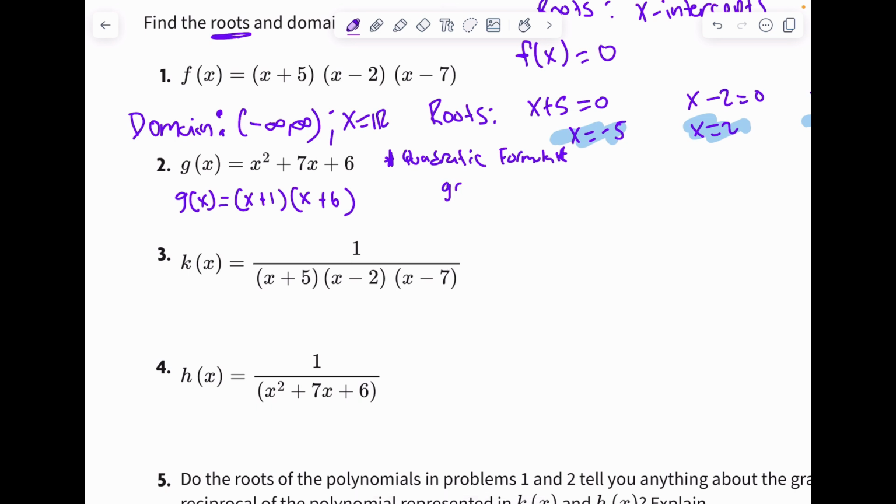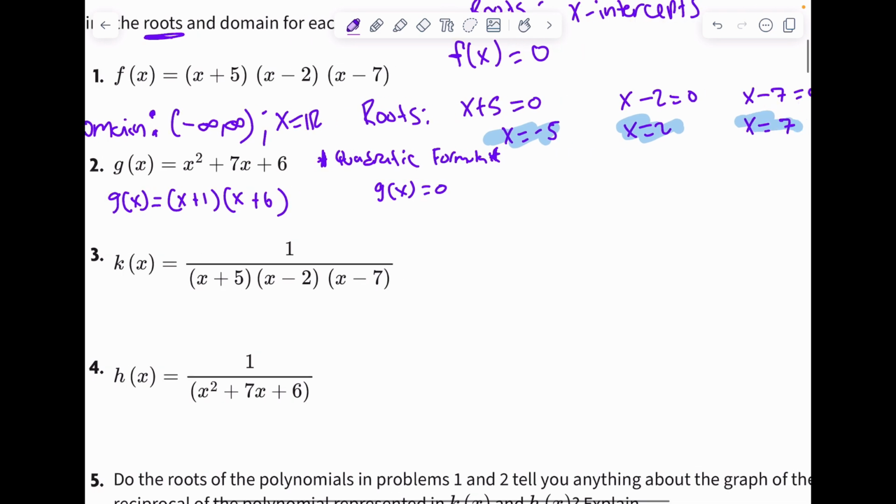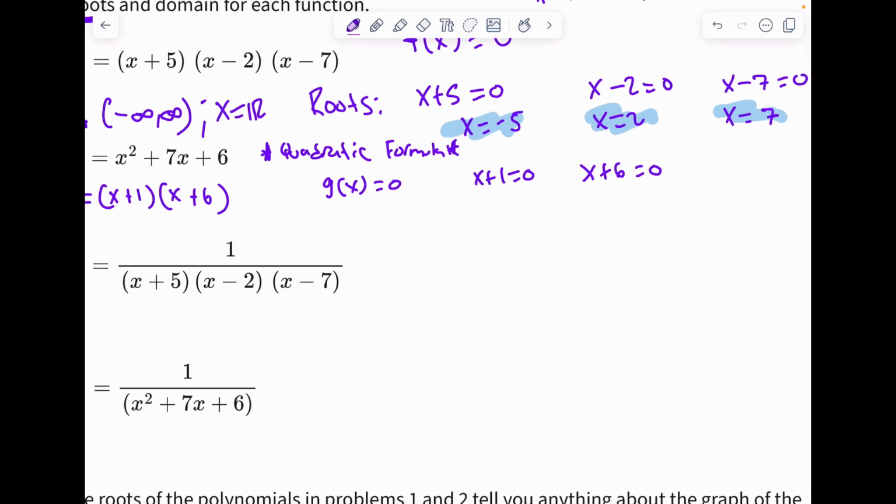Again, we want g of x is equal to 0. So then that means x plus 1 equals 0, x plus 6 equals 0. So then I'm left with my roots: x is equal to negative 1, and x is equal to negative 6. Okay, these are my roots.